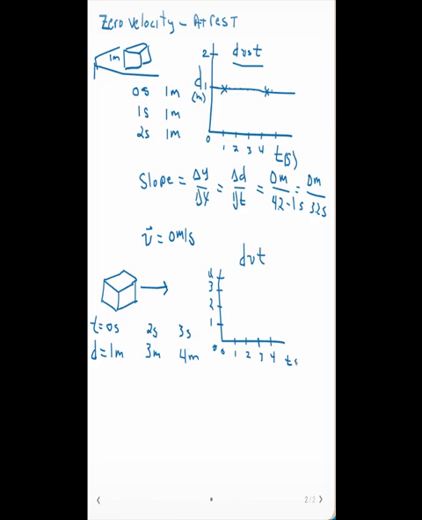This is time in seconds, and this is distance in meters from the edge. Okay, we plot it up. At 0 seconds, it's sitting right there. At 2 seconds, it goes to 3. It's at 3 meters.